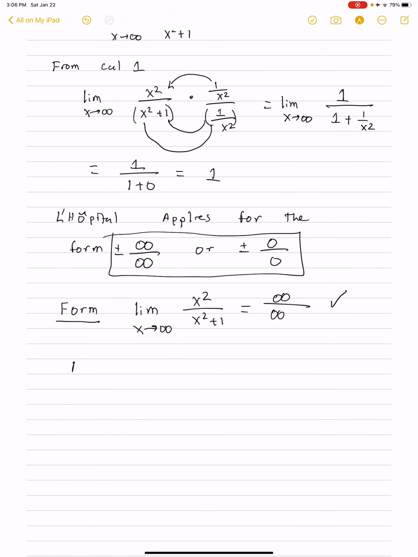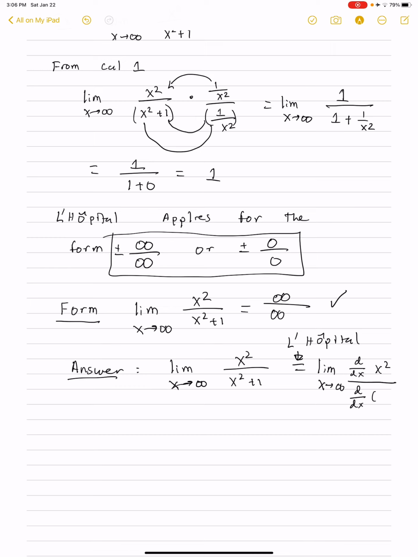So this would be the answer using L'Hopital's, is we'll compute this limit as x tends towards infinity of x squared over x squared plus 1. Now, L'Hopital, which will be applied right here, it says when we have one of these two forms, go ahead and differentiate the numerator and differentiate the denominator.